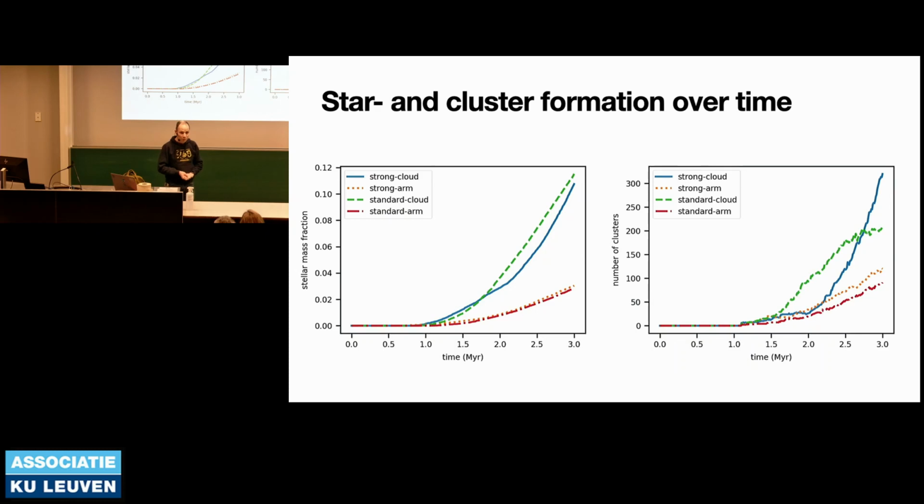So that was really the main thing we were trying to look at. Another question was, of course, the more technical one: how do we do these kind of things? And that's also one thing that's still going on. We're going to continue this, but then also include feedback from radiative transfer and stellar winds.